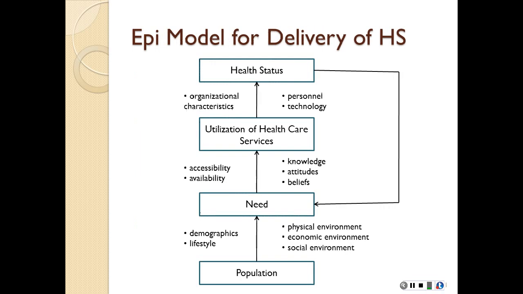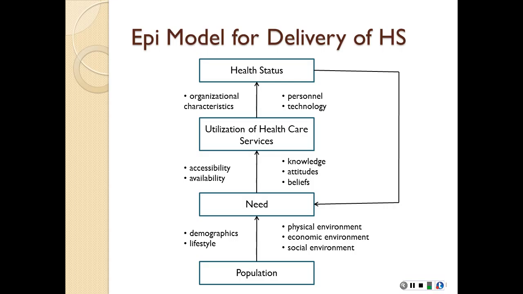Here's a fun little model for delivery of health services. We always start with our population, right? You have to specifically define your population before you can ask a question about anything, before you can go with your study. We talked about it earlier: a population may be defined based on geographic boundaries, membership in a particular group, or people who utilize a particular health service.